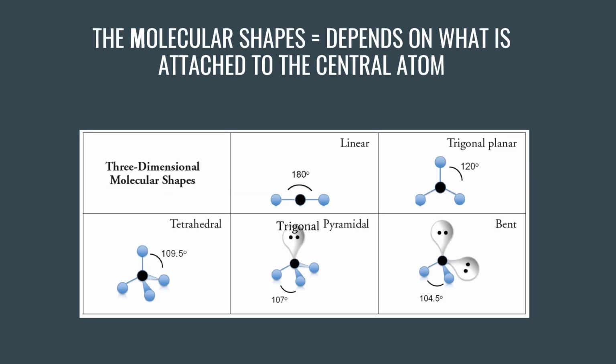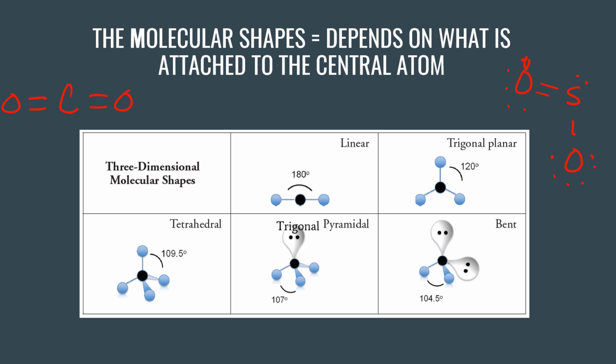The molecular shape itself depends on what is attached to the central atom. And I don't mean the specific atom attached to it. It depends on whether there is a bond or a lone pair on the central atom.